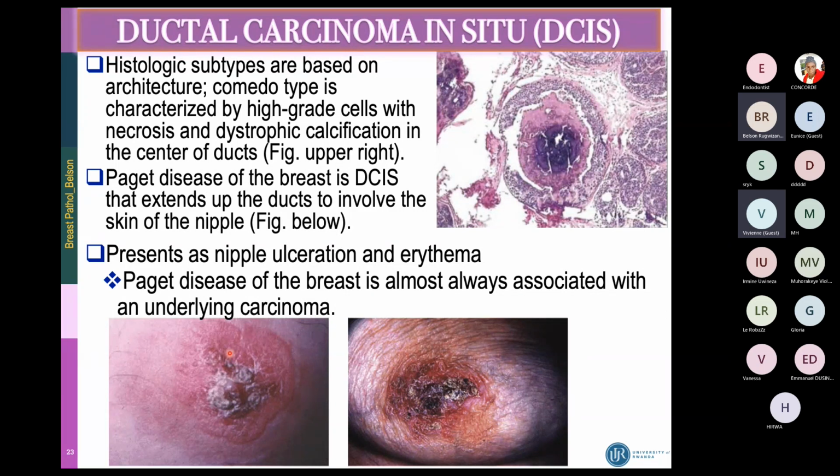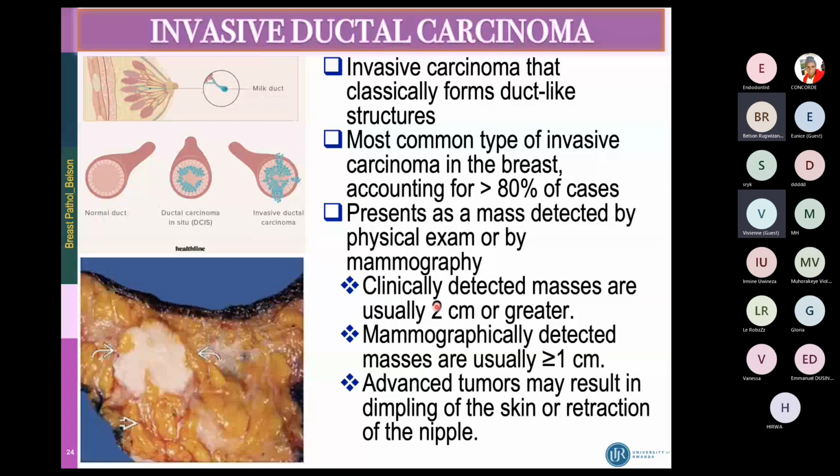Paget disease is a ductal carcinoma in situ which extends from the ducts to involve the skin of the nipple. That is the cause. If you look carefully, often there is also an invasive cancer somewhere in the breast when you see Paget disease. And we have diagrams here showing that.